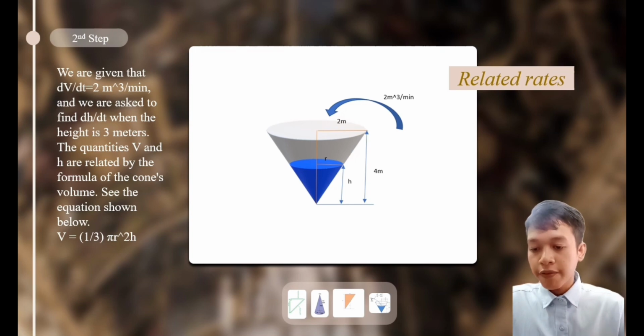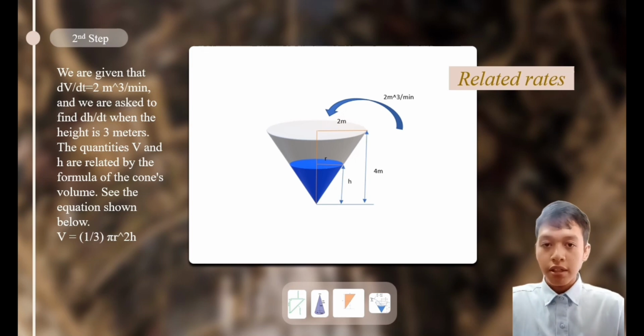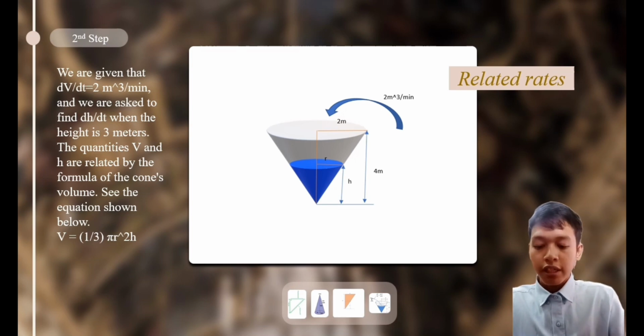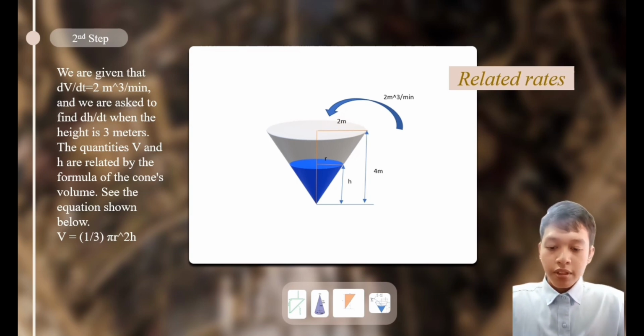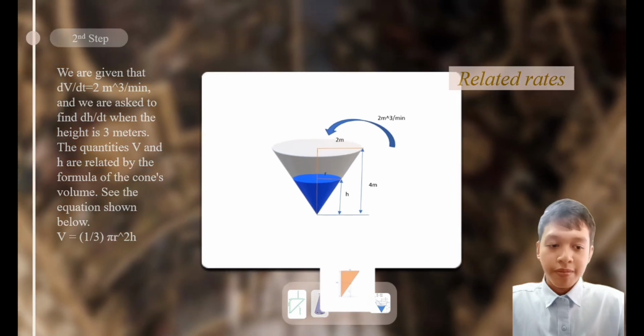The quantities V and H are related by the formula of the cone's volume. So first we have to know the cone's volume, which is written in this slide right here, so we can solve the problem. Now we will be moving to the next step.